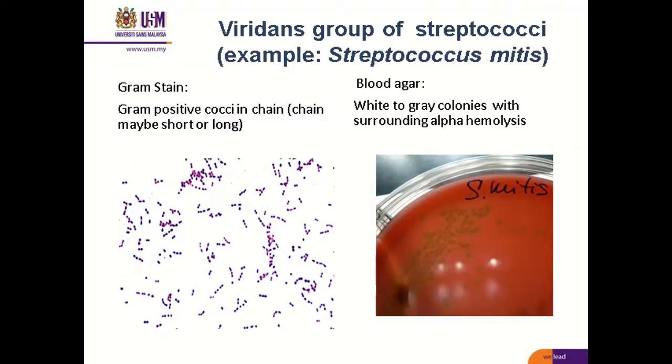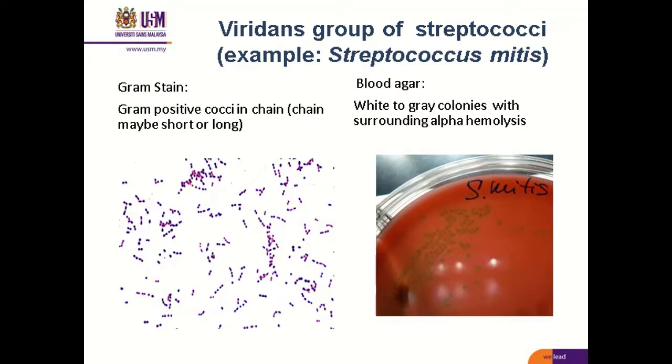Next is the viridans group of streptococci, such as Streptococcus mitis. There are a few species of the viridans group. Examples are Streptococcus mitis, Streptococcus mutans, and others.